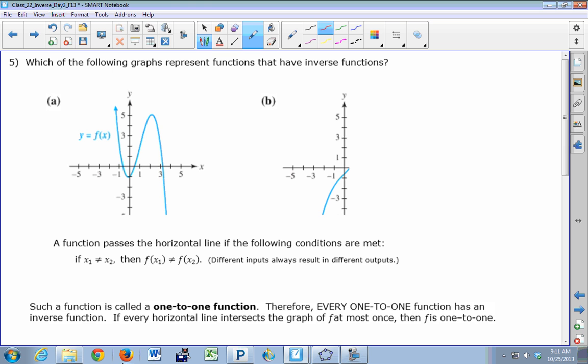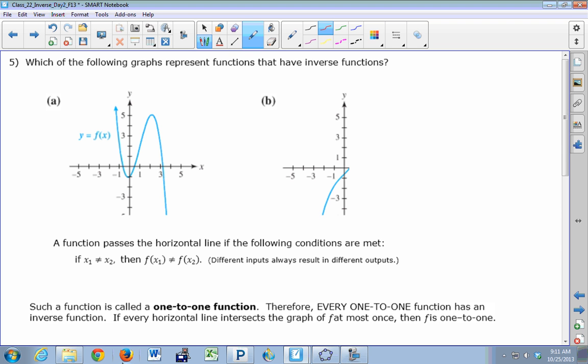So here's two examples here. Here's our first function. And in a little while, you're going to learn what the formula for a function like this may be. This is a polynomial function. So what do you think? Does that first function have an inverse function? Why not? Does not pass the horizontal line test, right?